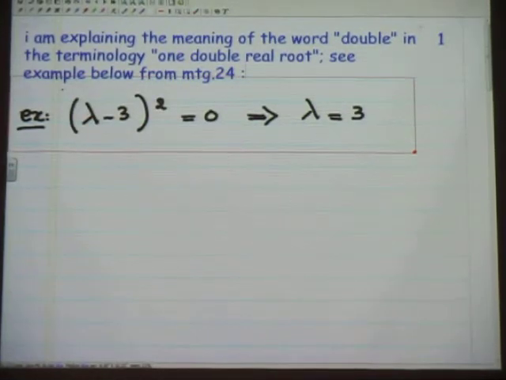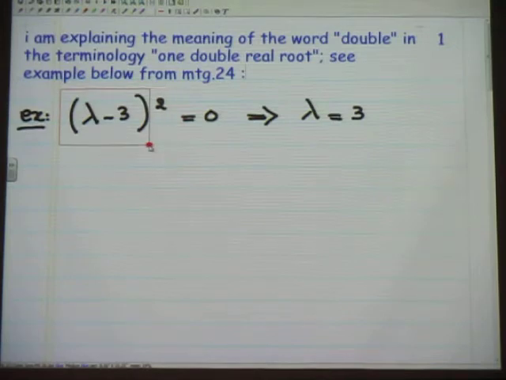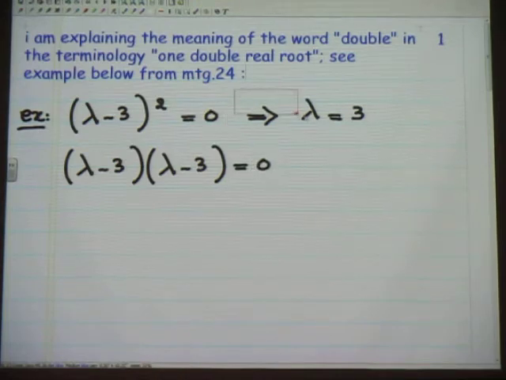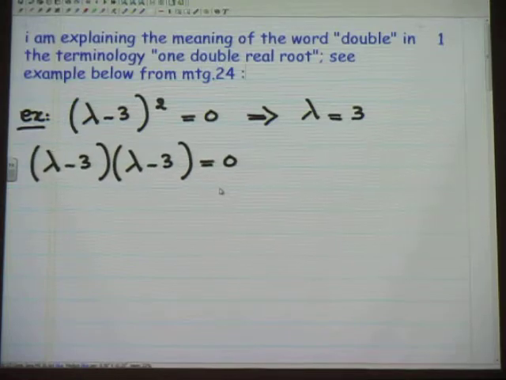You see, instead of writing like this, and like Tony said, you could have written lambda minus 3 squared as lambda minus 3 times lambda minus 3 equal to 0. Then you get the following. You can think of this like this.